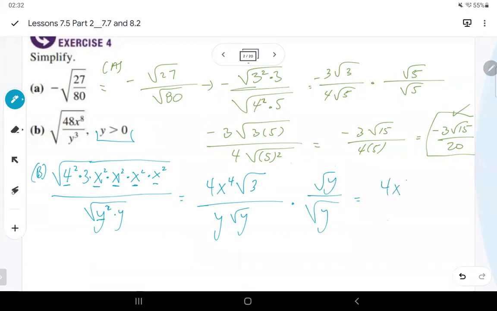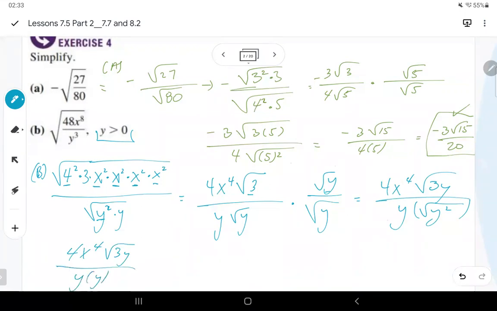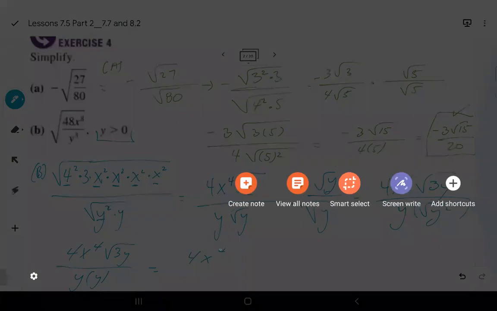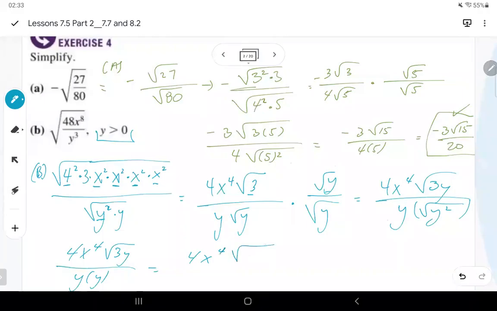So we get 4x to the 4th square root of 3y over y times the square root of y squared, which will be y times y. So that's 4x to the 4th square root of 3y over y squared.